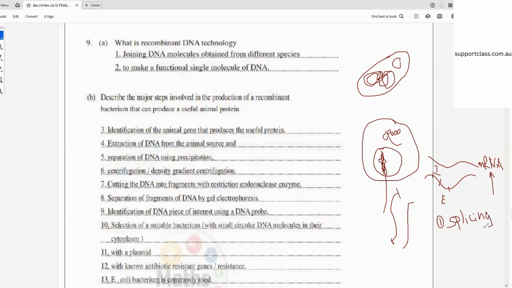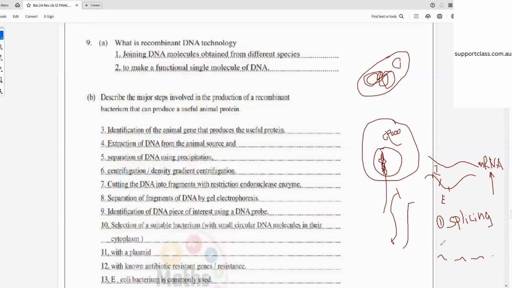So what does splicing mean? We take the introns out. Introns are non-coding regions. Exons are the coding regions. So we have different sections, and after splicing the mRNA molecule gets rid of the introns.